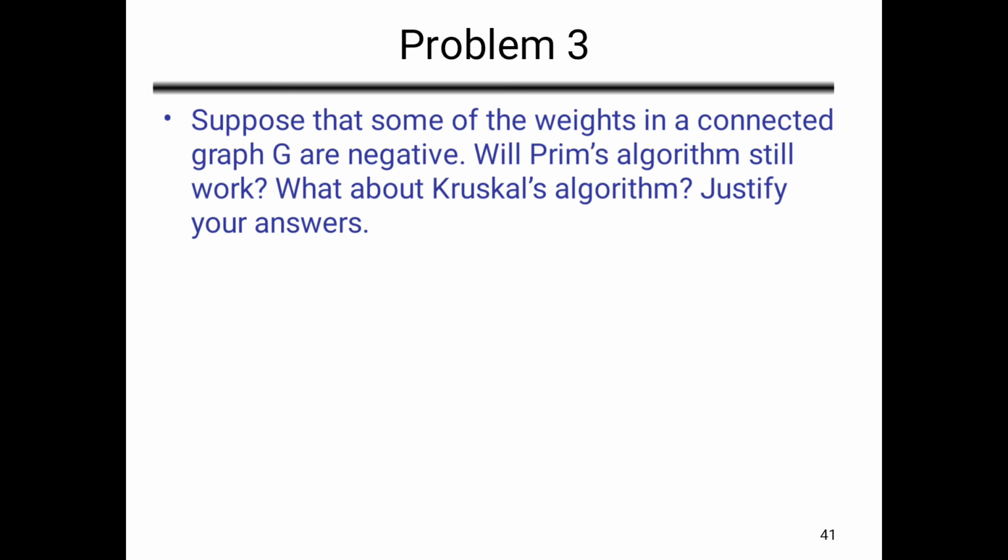MST means minimum cost spanning tree, a subset of edges of a connected weighted graph that connects all the vertices together with the minimum possible total edge weight. There are two algorithms for MST, Prim's and Kruskal's. One graph may have more than one spanning tree.